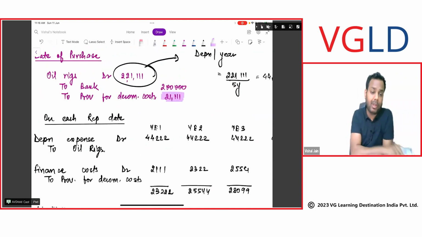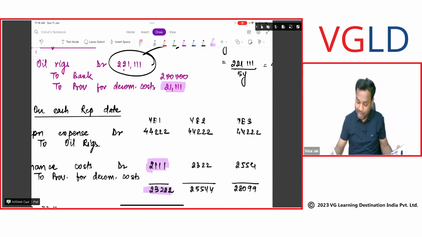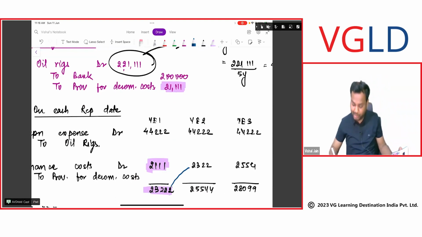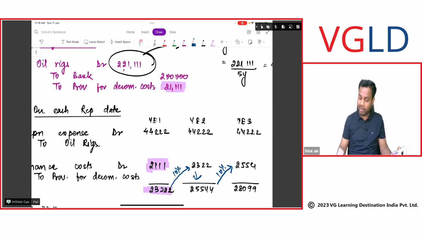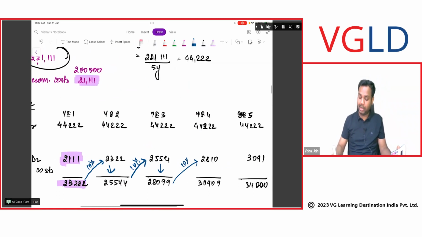Now, if you add this plus this, it comes to 2,322. Now again, we calculate 10% of this, and this plus this comes here. Again, we calculate 10% of this, and this plus this comes here. Again, we calculate 10% of this, and this plus this comes here.